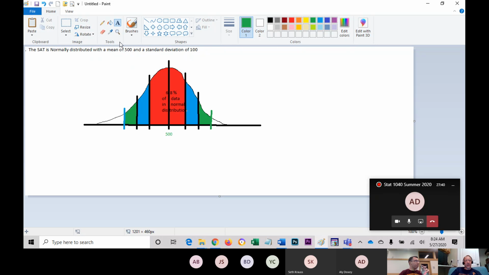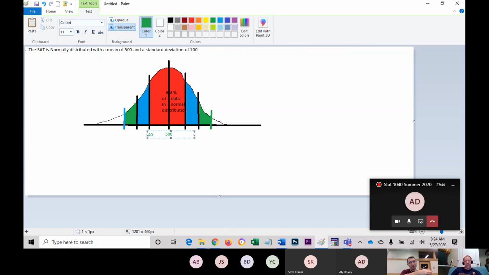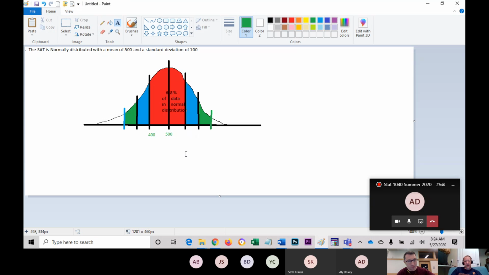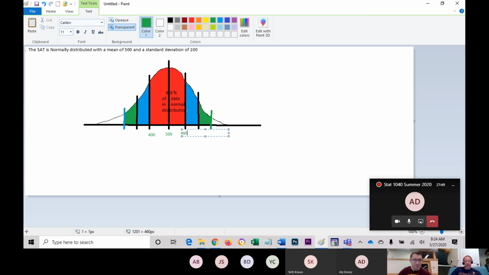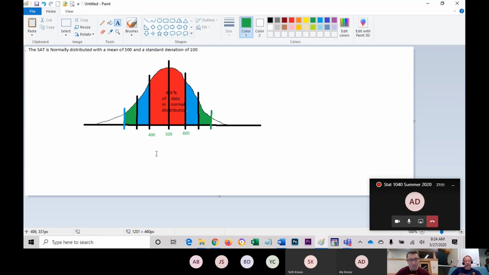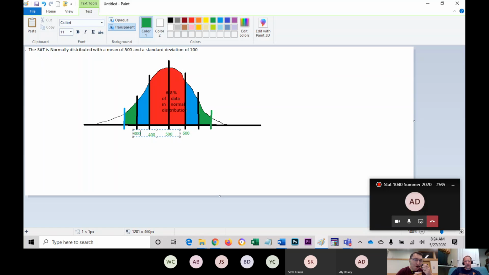So I know that 68% of students are going to be between the scores of 400 and 600, according to the 68, 95, 99 rule. And I know that 95% are between the scores of 300 and 700.